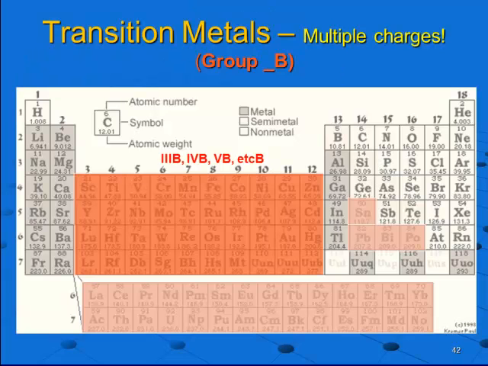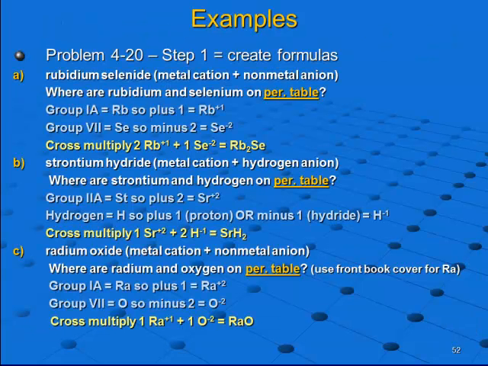It's in group 2A. There it is, bottom left-hand corner. So it's a +2. Oxygen is a group 6. Again, for whatever reason, I have 7 down there. It's group 6, so oxygen is 6 - 8 = -2, and it's going to be a 1-to-1 ratio to cancel those charges. But again, we just call it radium oxide, and don't say the charge in the name because they're on the periodic table.